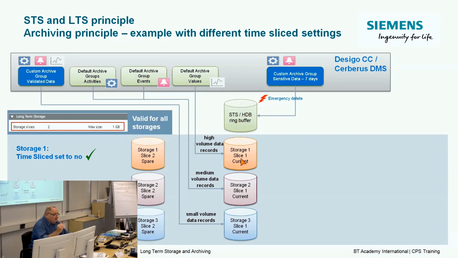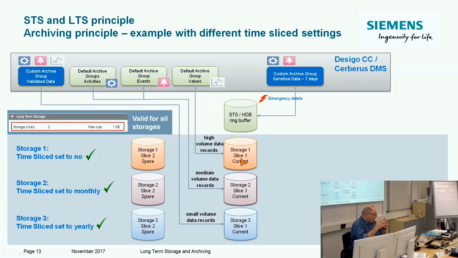I'm filling them up, and when this slice reaches the 1 GB size, it's going to be finalized. It will change the state to final. Means we'll be having 1 gig of volume. Medium volume data records, and small volume data records.